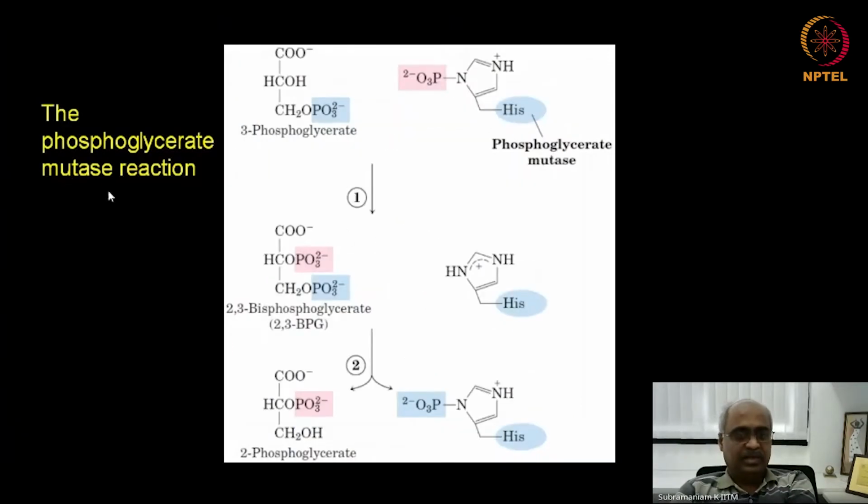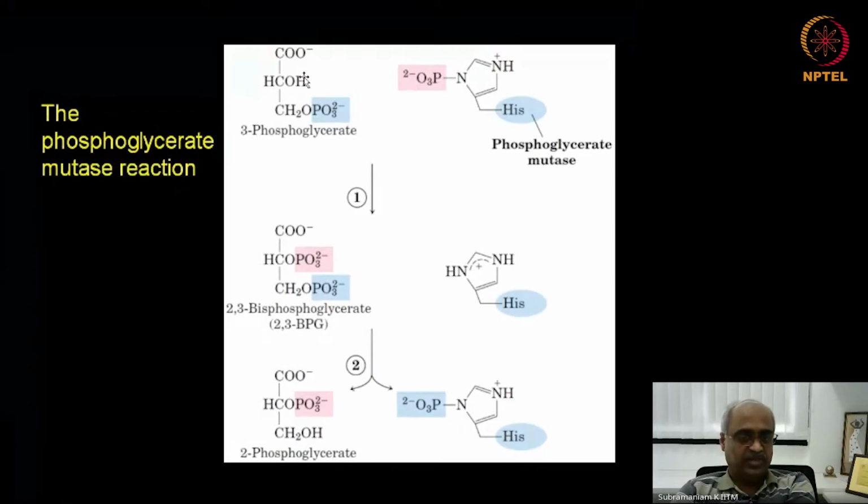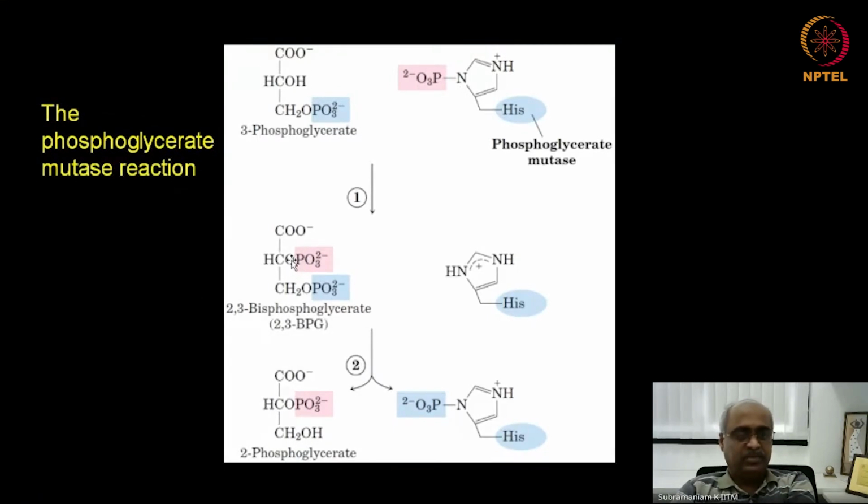So this at the enzyme active site happens in this manner. The first thing is actually a phosphoester bond with the second carbon with an enzyme that is already phosphorylated. This histidine imidazole side chain is phosphorylated, that donates the phosphate group, making the 2,3-bisphosphoglycerate.